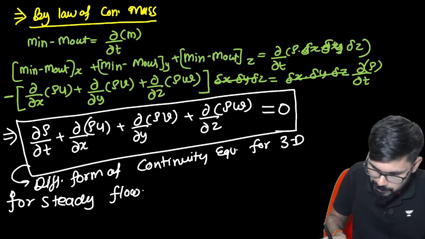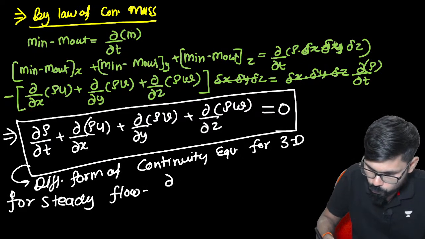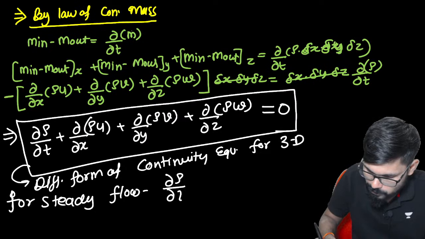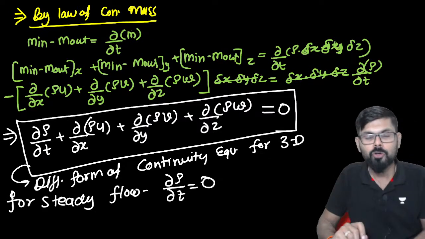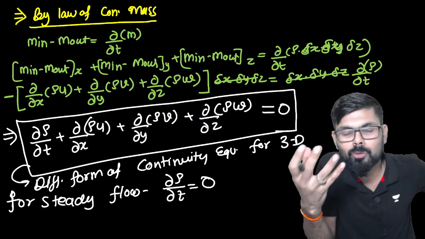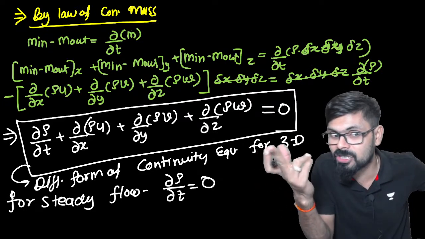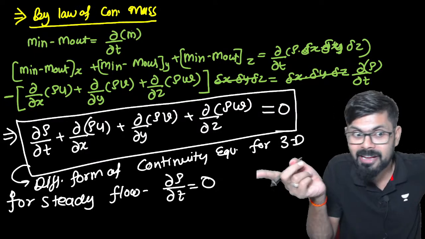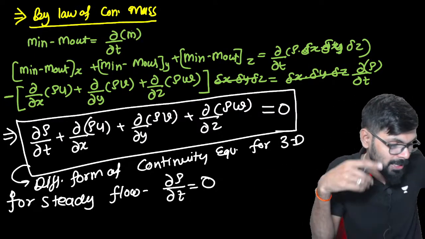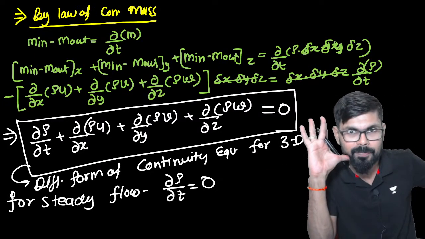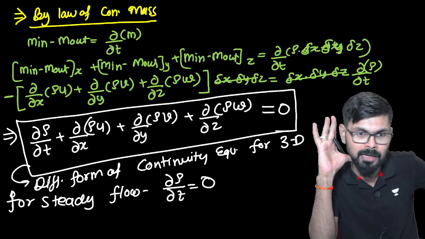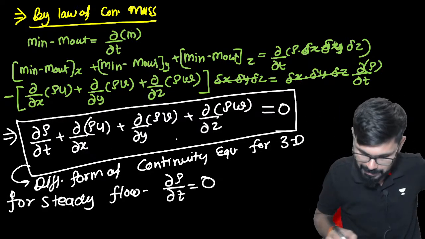के लिए क्या हो जाएगा बेटा? For steady flow dou rho by dou t का वैल्यू क्या हो जाएगा? 0. अरे, steady का मतलब होता है the property is not going to change with respect to time; with respect to space it can change. So x y z वाले components रहेंगे, लेकिन t वाला component क्या हो जाएगा? वो हमारा cancel out हो जाएगा. क्लियर है? So finally equation क्या बचेगी?